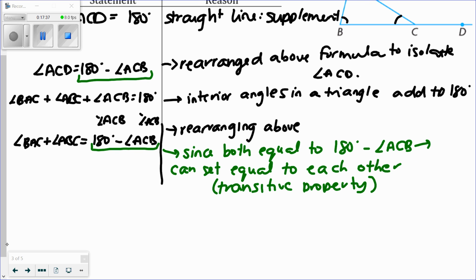So I can say angle ACD is equal to, I like that it kept it green, so I can say that this portion is equal to this portion because they're both equal to the same thing, so they need to be equal to each other. So angle ACD is equal to angle BAC plus angle ABC.